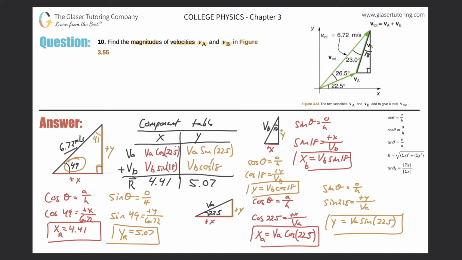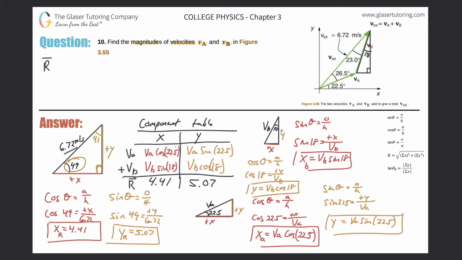All right. Now, you guys see where to take it from here? Maybe? Well, let me write it out now. Remember that in my component table, the resultant vector is simply the addition of vector A and vector B's components. So I can write out two equations here. I can write out an equation for my x components and my y components. Follow me on the upper left-hand corner.